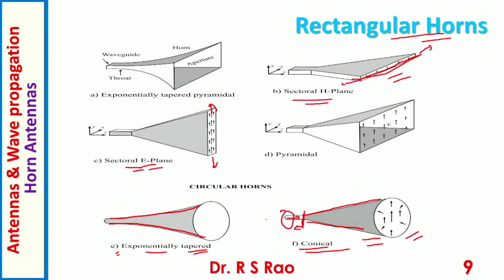So to avoid reflections, the structure is given a slow change. Similarly, in A also, you can find a pyramidal horn. In D, in B, in C, here the flaring is discontinuous. Here you can see this sudden flare.